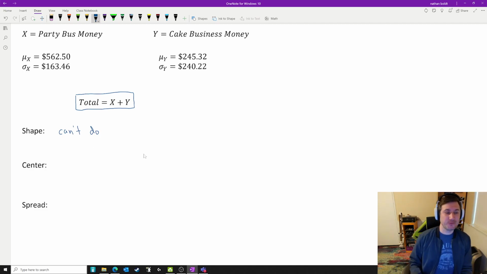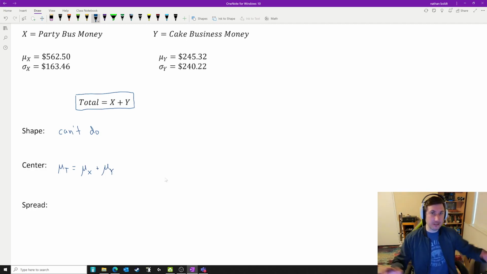All right, the center. The center is really easy. The center of my variable T for total is simply equal to the average of the first one plus the average of the second one. Nice and easy. The average of the addition is simply adding up the two averages.